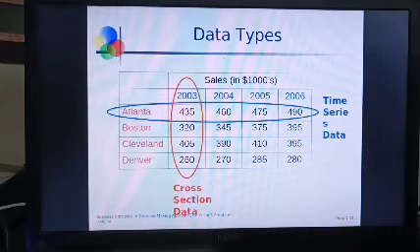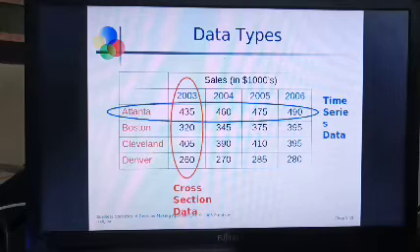Time series here, this is sales in $1,000. The time here is year 2003, 2004, 2005, 2006. That's the time series.